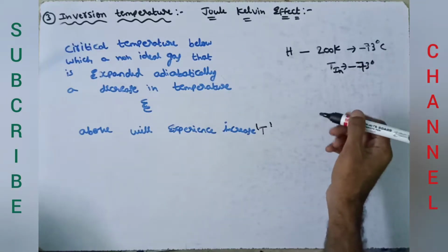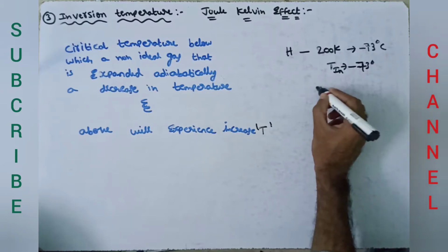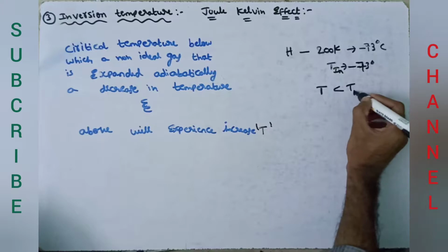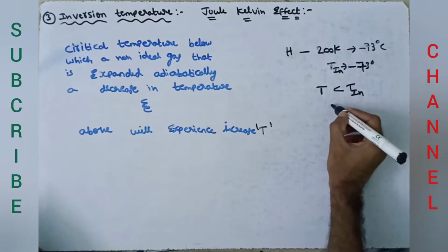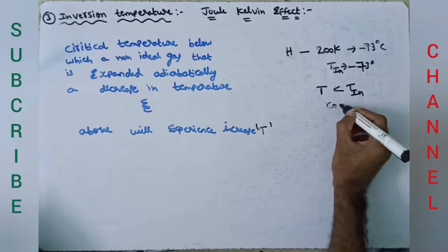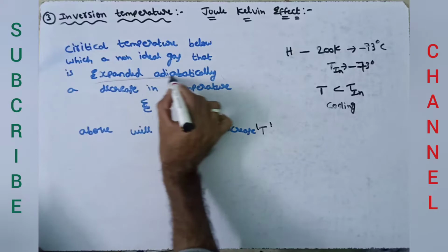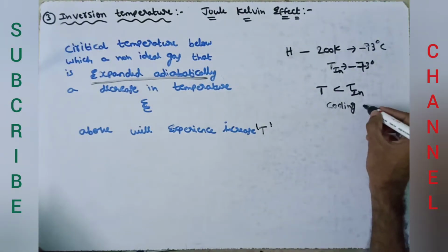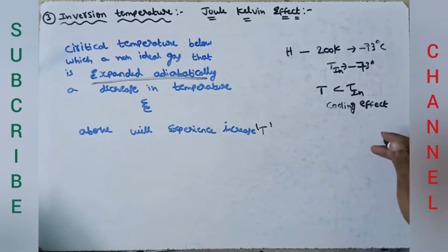If the temperature of hydrogen gas is initially less than this inversion temperature, then we get a cooling effect. The gas expanded adiabatically experiences a cooling effect, which means its temperature decreases.